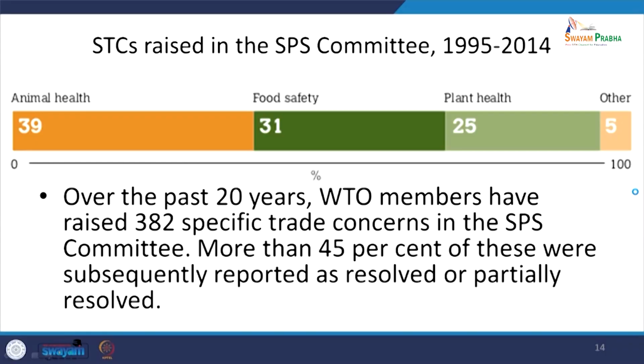So, 45% have been resolved, another 55% are yet disputed or have not yet been solved. So, what is important here is that out of 18,000 notifications raised, only 384 have been recognized or raised as specific trade concerns.